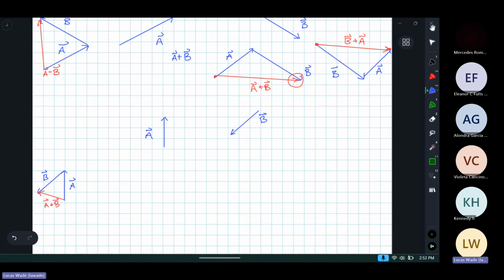All right, B plus A. I walk along B, then I walk along A. B plus A is the shortcut I could have taken.